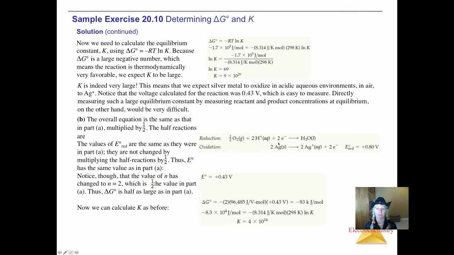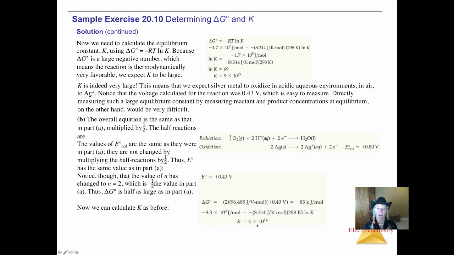So if you now take the second equation to find the equilibrium constant, delta G, which is now negative 83 kilojoules per mole, here it is turned into joules, equals negative R, gas constant, times the temperature, 298, times the natural log of the equilibrium constant.